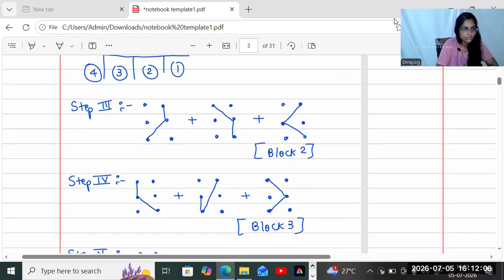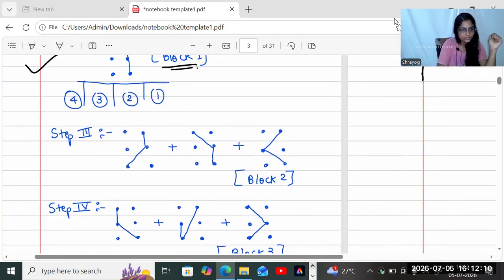Now, step 3. Step 3 says the same thing: wherever there is a line, you have to multiply the numbers under these lines. Now here there is a plus. Let's go one by one. This one we are going to do first.